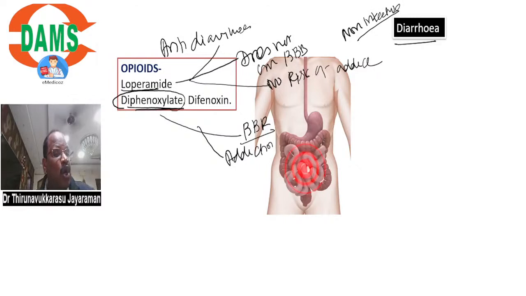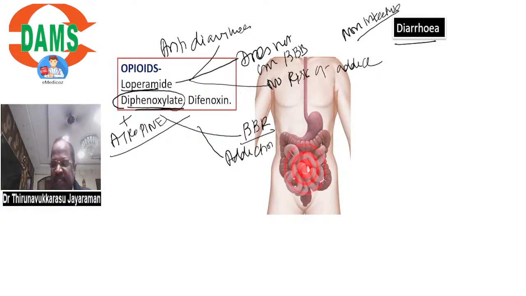Now, to control the addiction, we can add one thing called atropine. So atropine can be added with difenoxylate to prevent its addiction. How atropine reduces addiction, that mechanism is not clear, but you should know which drug is added with difenoxylate to prevent addiction, the answer is atropine.